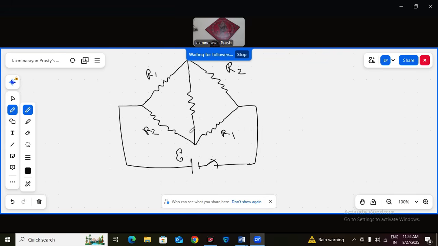This is the EMF E. There is a switch here. This is called R0.